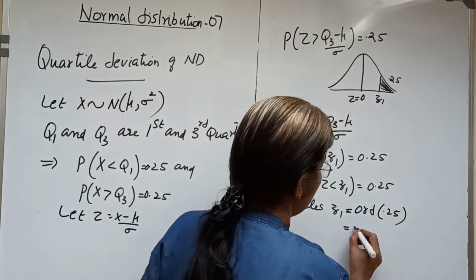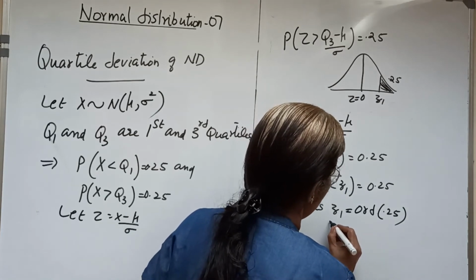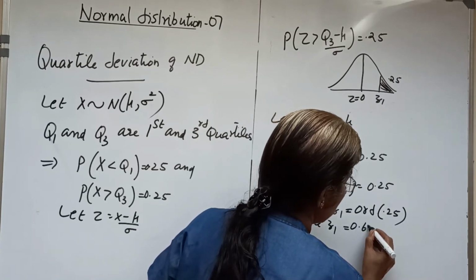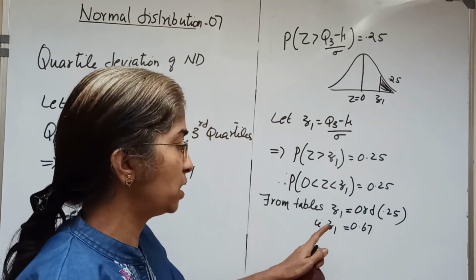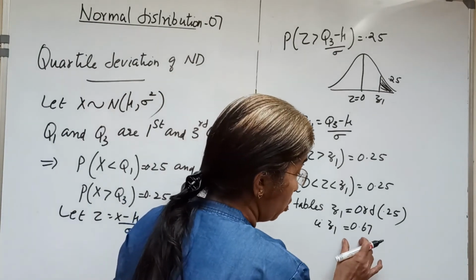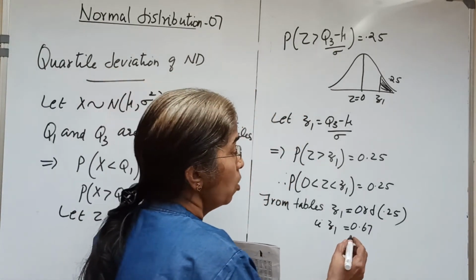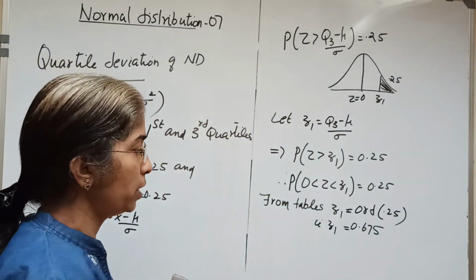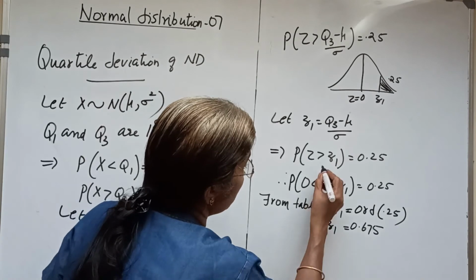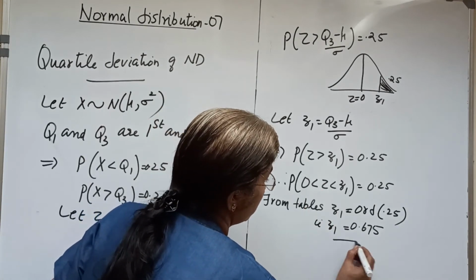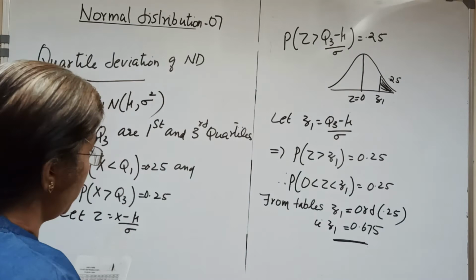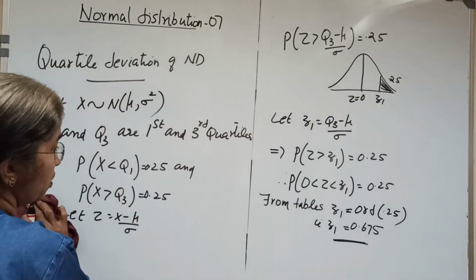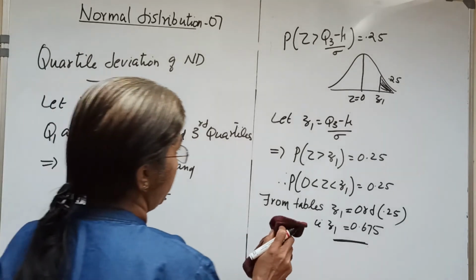So more approximately we may write it from the table as z1 equal to 0.67, or not exactly 0.68, we may take it more approximately as 0.675. That is, we have z1 equal to 0.675.